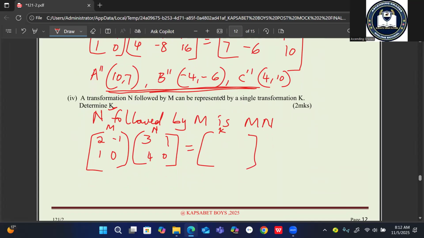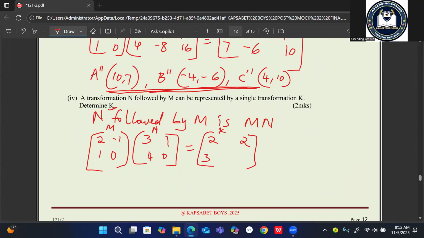So we have 2 times 3, 3 minus 4, so we have 2. The other one is 2 times 1, that is 2 plus 0, still 2. The other one is 1 times 3, that is 3 plus 0 times 4, we have it as 3.